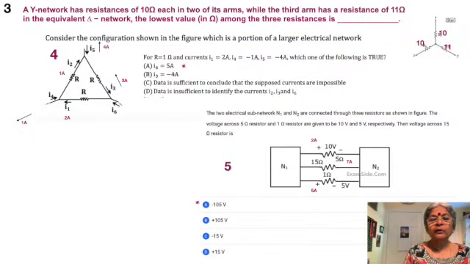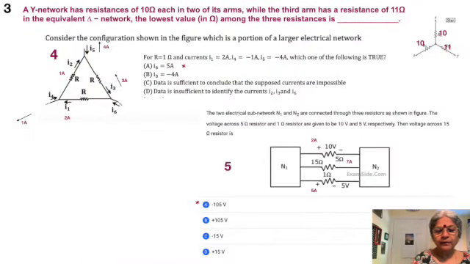So moving on to the fifth problem, two electrical subnetworks, again a subnetwork problem. N1 and N2 are connected through the three resistors as shown in the figure. The voltages across the 5 ohm resistor and the 1 ohm resistor are given as 10 volt and 5 volt respectively. The voltage across the 15 ohm resistor is what? It's very simple in the sense that again the concepts of electrical circuits are important.